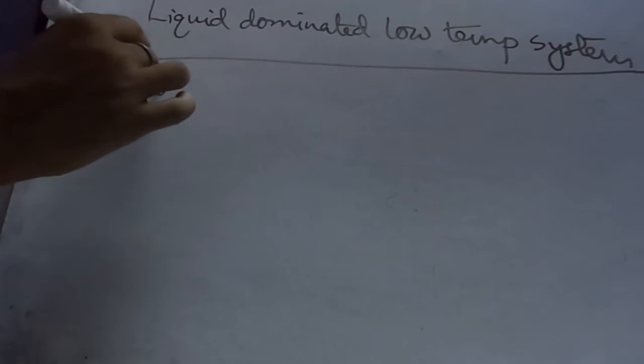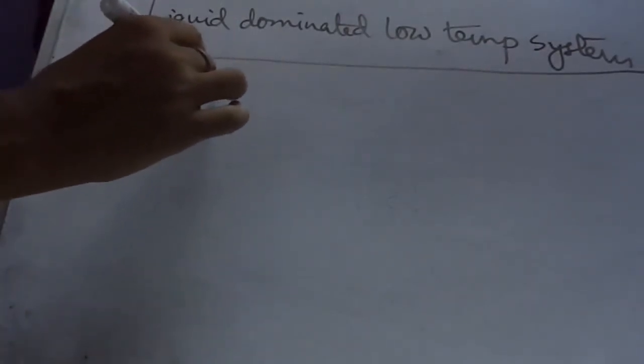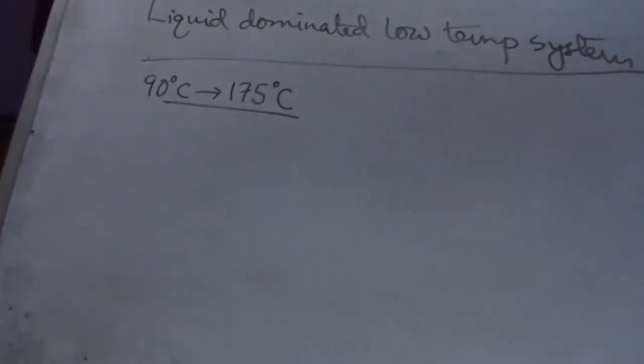These resources are available at moderate temperature ranges of 90 degrees centigrade to 175 degrees centigrade. This temperature is not enough for efficient flash steam production.